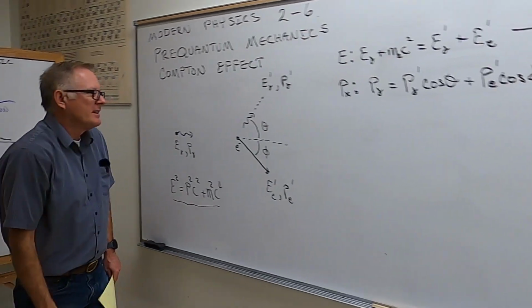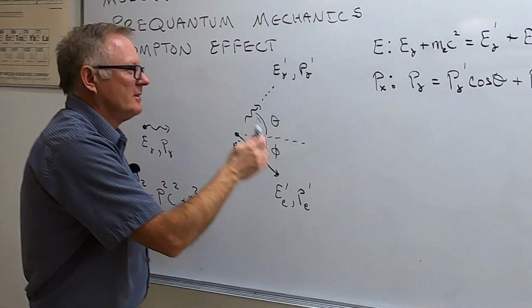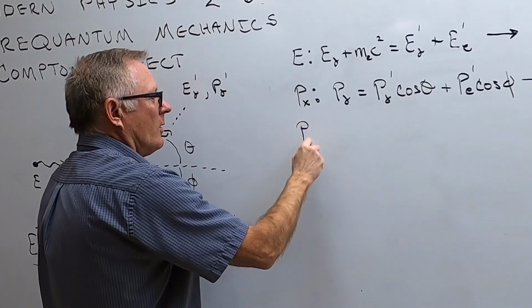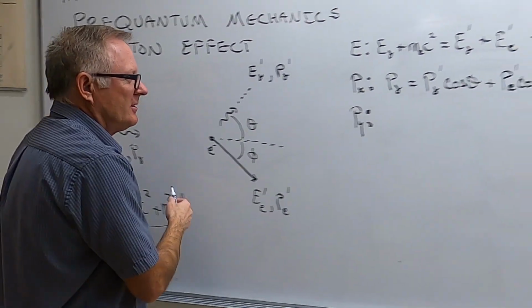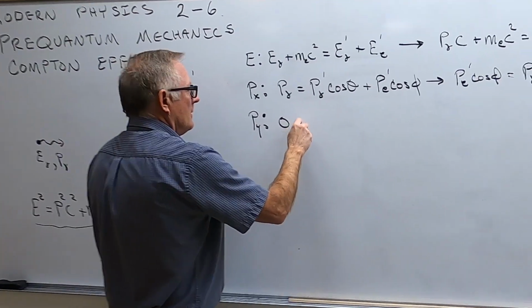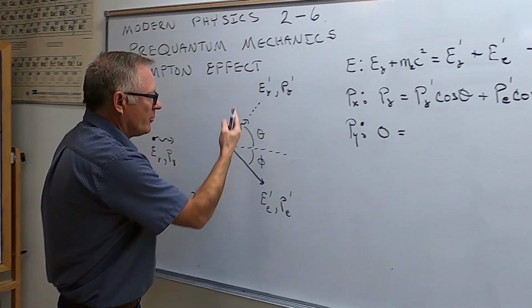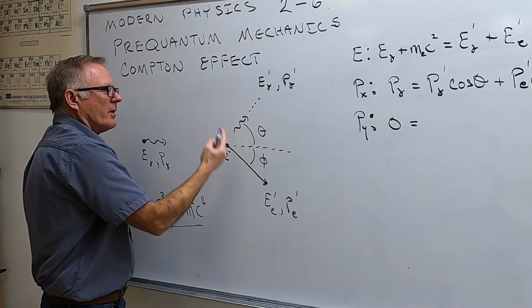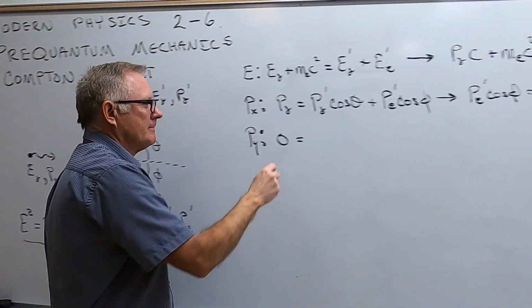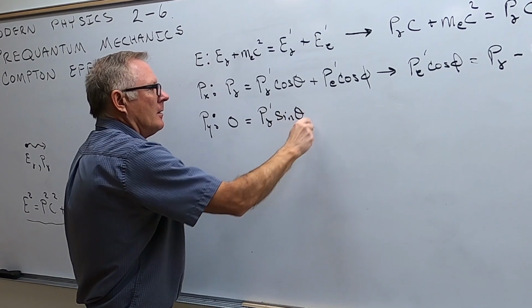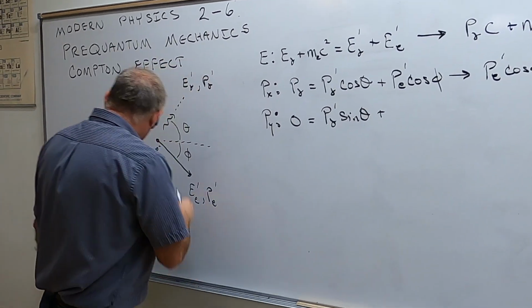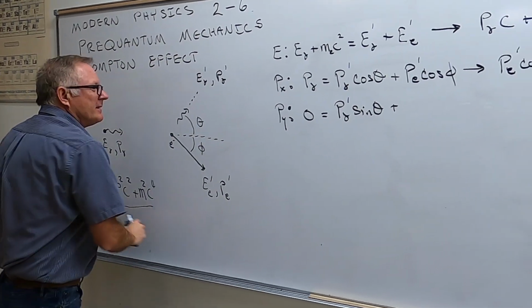Okay, and now we can look at the momentum in the y direction. P in the y, well, it's 0 before the collision. And then I'll call upward positive, so you got p gamma prime sine theta plus, minus, because it's going down, we call that positive.